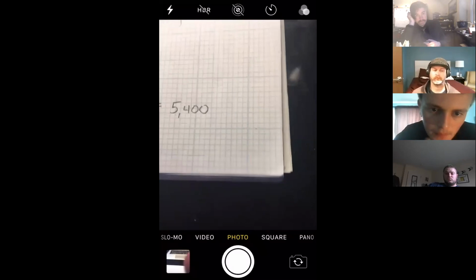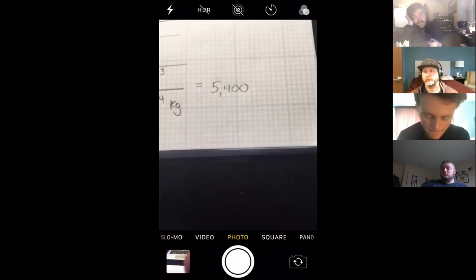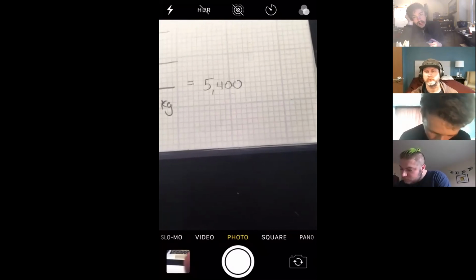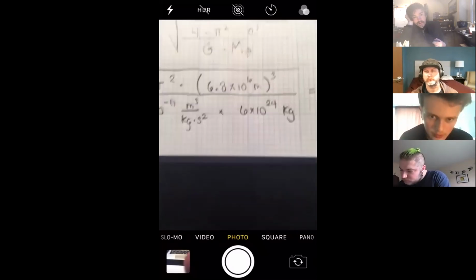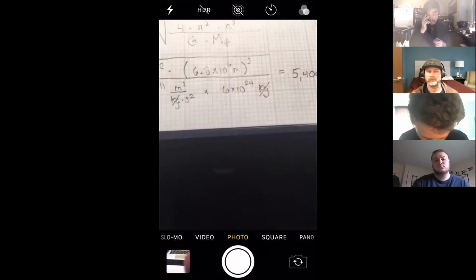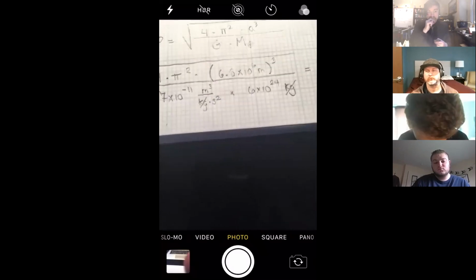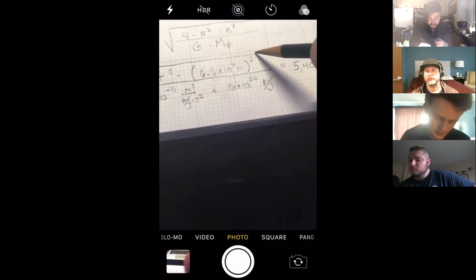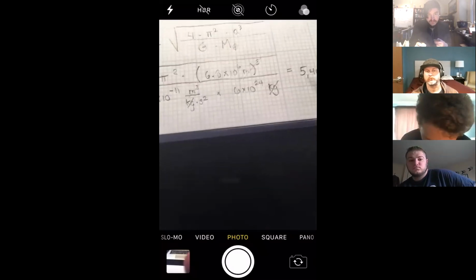What are the units, students? Kilograms? Nope, kilograms cancel. That cancels. Seconds, that's right. Meters cubed cancel meters cubed, and the square root of seconds squared gives us seconds.